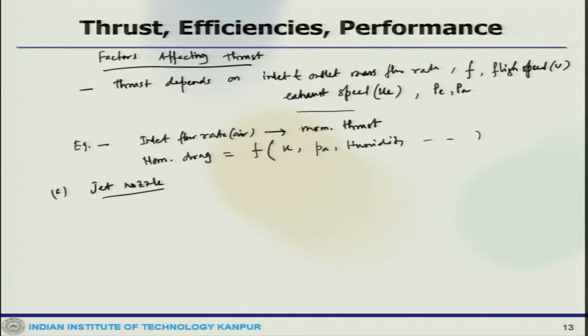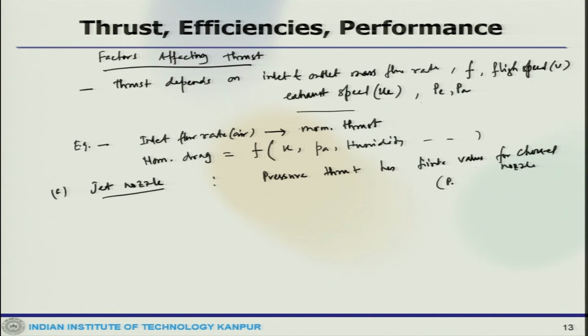So, you can see that pressure thrust has finite values for a choked nozzle, where the exit pressure is greater than the ambient pressure.